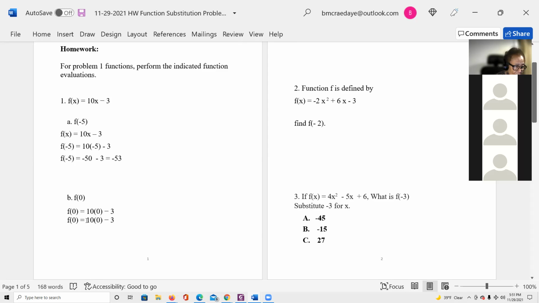Okay, so what's 0 minus 3? Negative 3. Yeah, negative 3. That's right. So your answer is f of 0 is equal to negative 3.